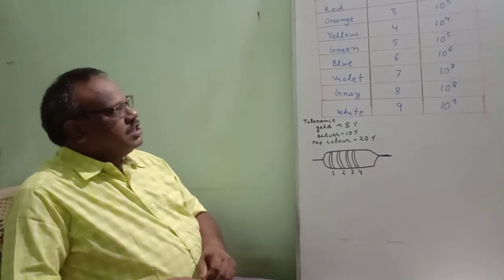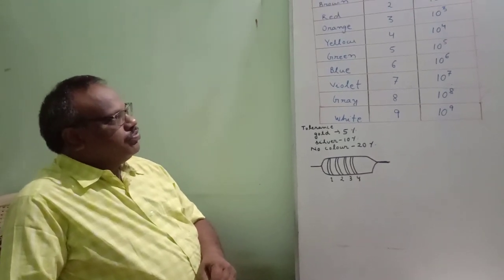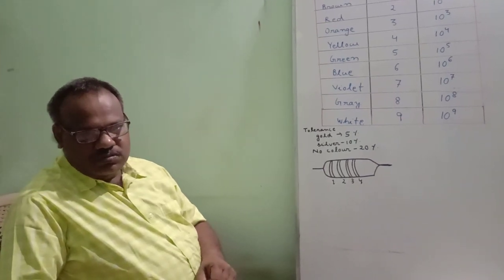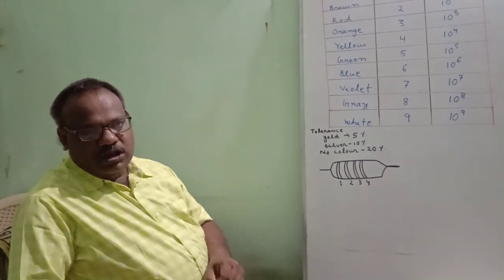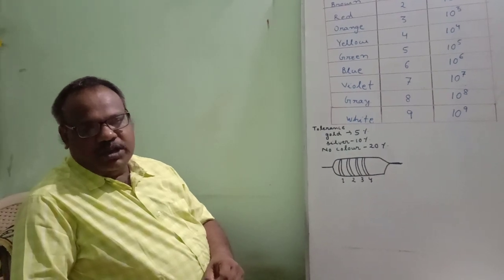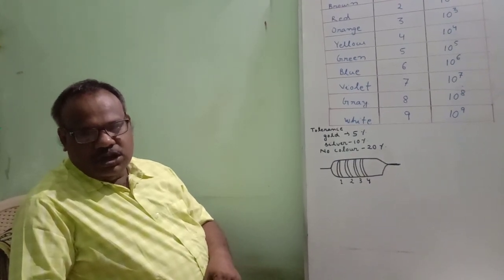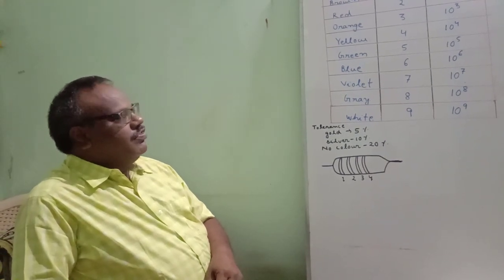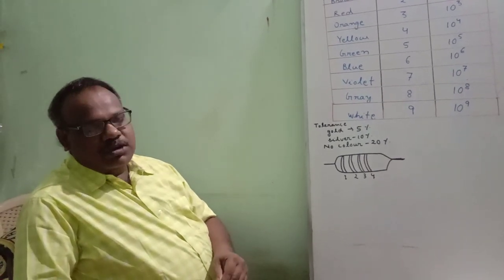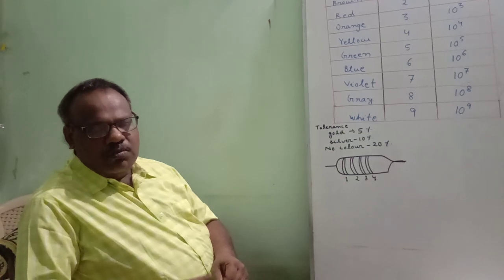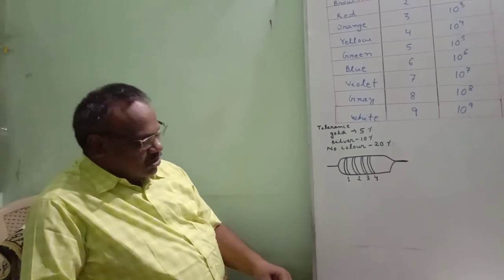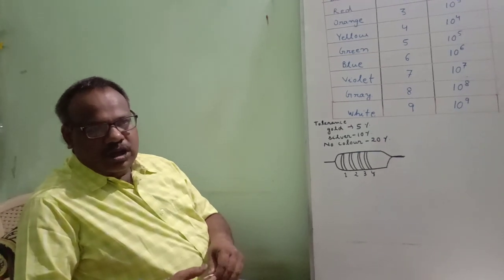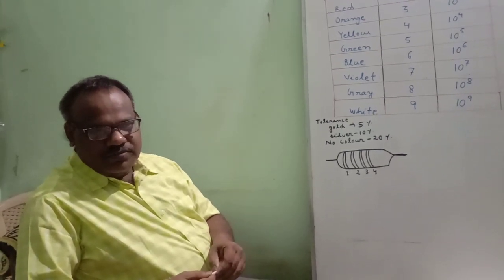One is wire resistors, where usually we use a wire made of alloy, because alloy has a high value of resistivity. If you take a less area of cross section and more length, then it will have more resistance.